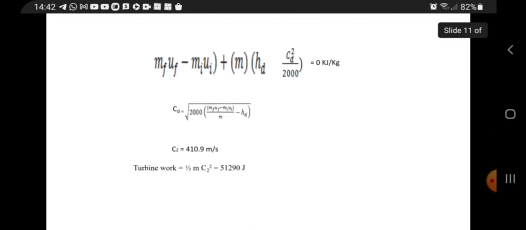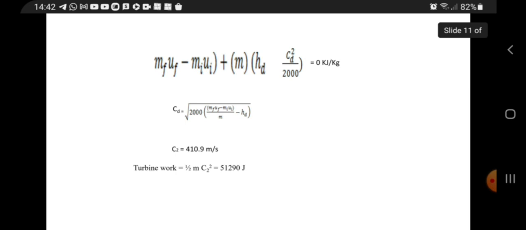Next, the energy formula: M(UF minus UI) plus M(HD) plus CD square divided by 2000 is equal to 0 kilojoule per kg. From this, CD is equal to the root of 2000 times (M UF minus M UI) divided by (M minus HD).